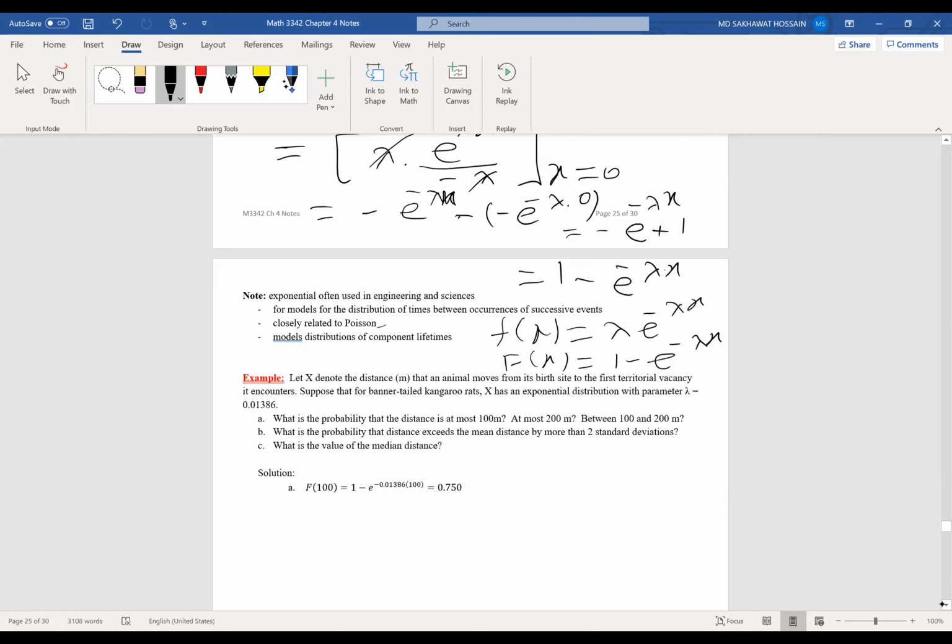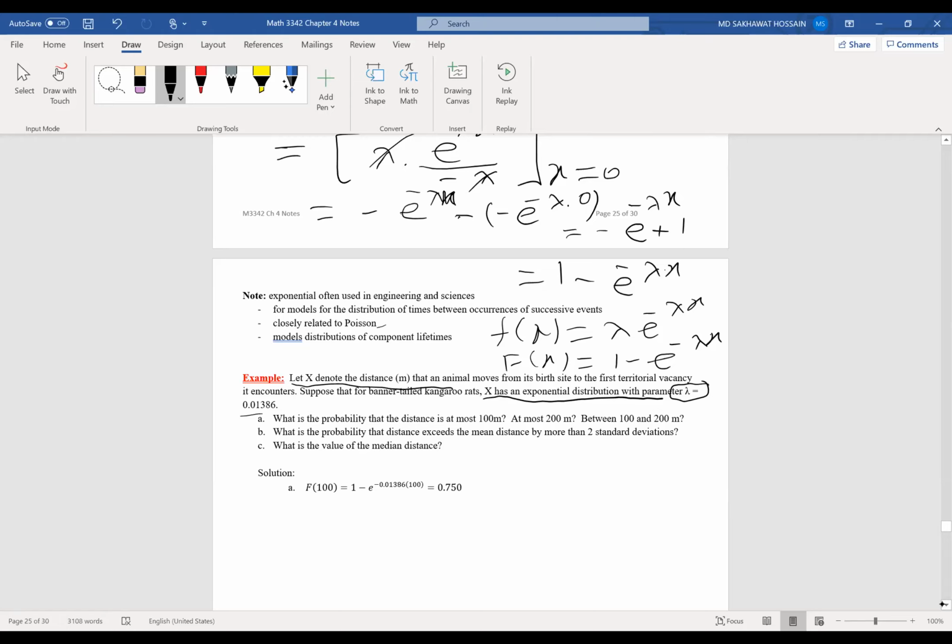Here x denotes the distance that an animal moves, so x is the random variable. Since this is a distance, it is a continuous random variable, and it is given that x has an exponential distribution with parameter lambda, which is 0.01386.